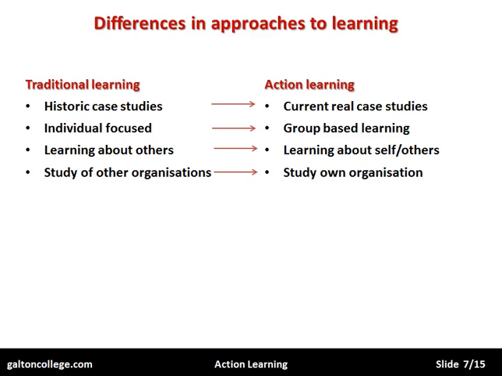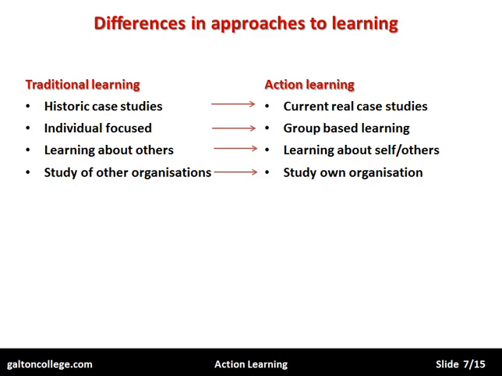Then we have the study of other organizations, which tends to be the situation with traditional learning. We pick a textbook, let's say, and we learn something about organizations, or about problem solving or operations management, whatever it is, and we learn about a problem, but generally speaking, it's about other organizations. It's not immediately affecting us.